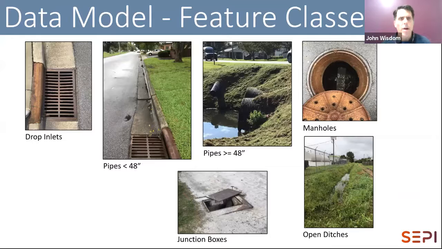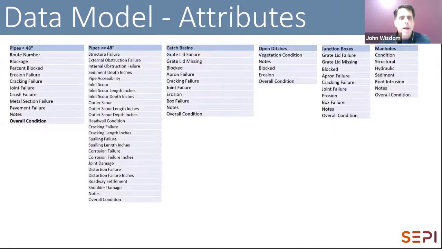So for the data model, the photos on the screen are some examples showing the feature classes that we developed in the geodatabase. These are all parts of the stormwater system: drop inlets, pipes, manholes, ditches, junction boxes. We developed these feature classes, and eventually they were put on ArcGIS Online. For each of those feature classes, we developed the different attributes, the schema for the fields that we needed to collect in the field.